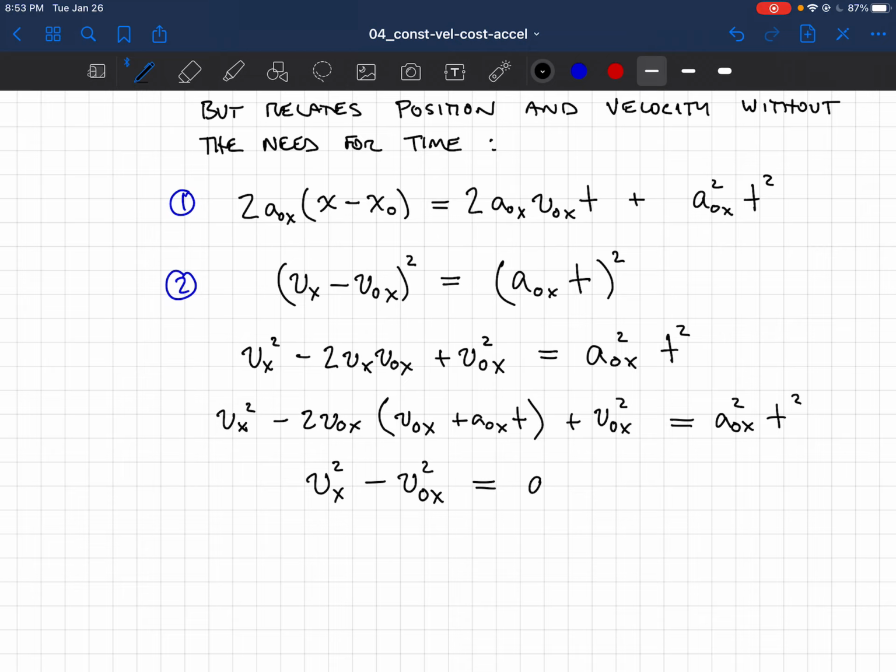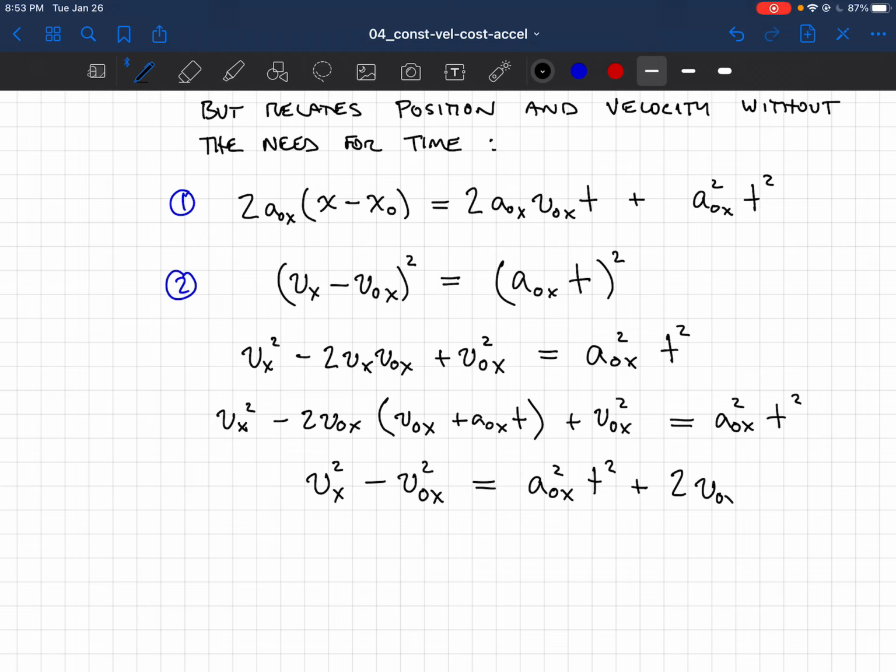So what do I get? So I can move that to the other side. I have a0x squared t squared plus 2 v0x squared t. No, wrong. Sorry, I was looking at the wrong term. It's this term here.